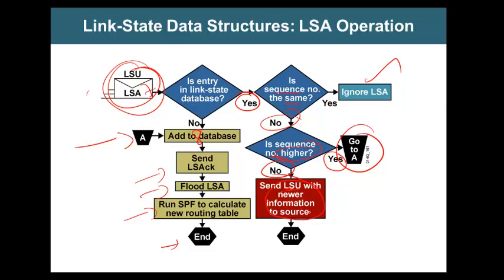If there is no information in the database, whatever comes in, it adds to the database. If there is information, it checks whether the information that I know and incoming is same. If it is same, then I need to ignore, because the sequence number is same, the information also will be same.